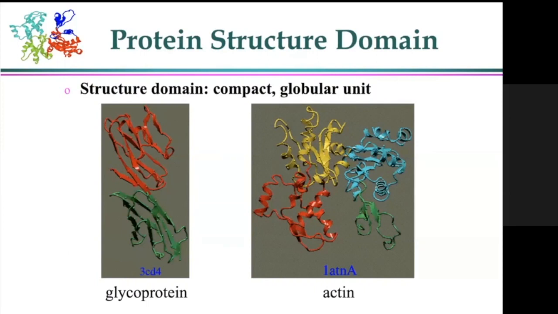And then in the protein structure, you can also see the structural domain. So in a structure, typically you can see some kind of compact units. We call them domains. In fact, in evolution, these domains can be evolutionary units as well.